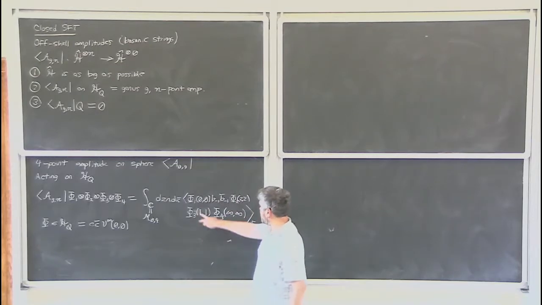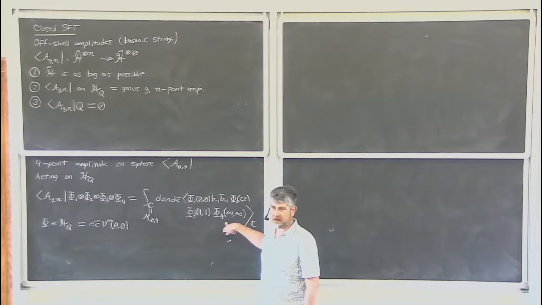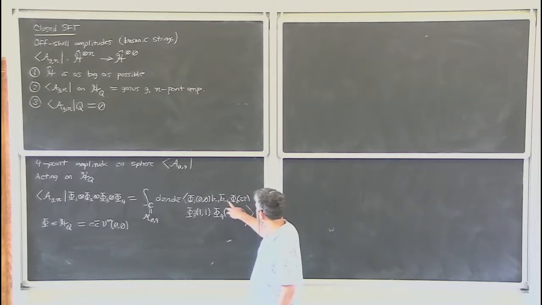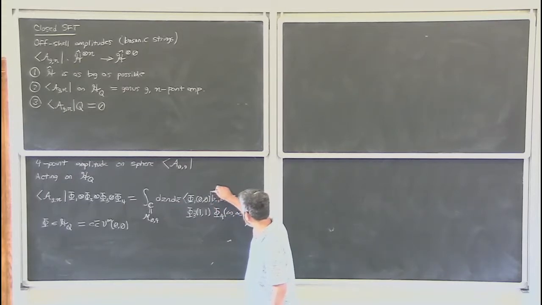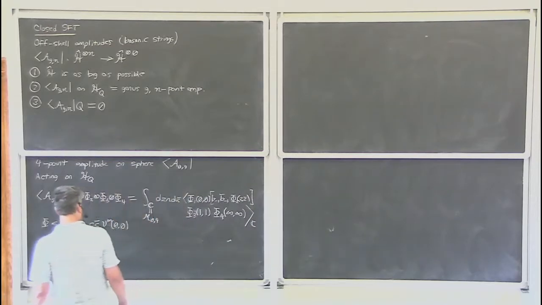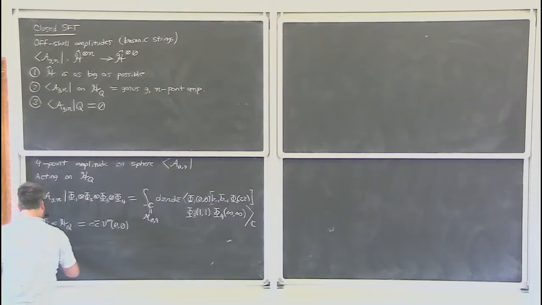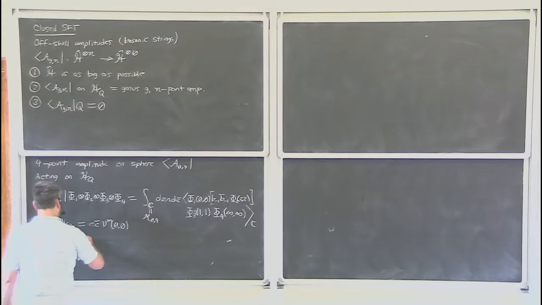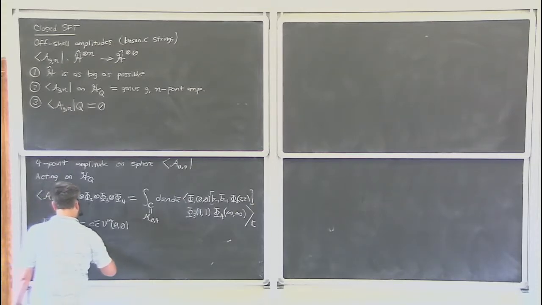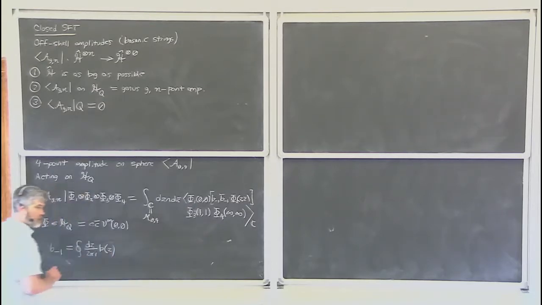And so implicitly phi 1, phi 3, and phi 4 all have c ghosts. Now phi 2 doesn't have a c ghost because the c ghost is deleted by these b_{-1}, b-bar_{-1}, where b_{-1} is just given by the contour integral of b around the puncture, and similarly b-bar_{-1}.